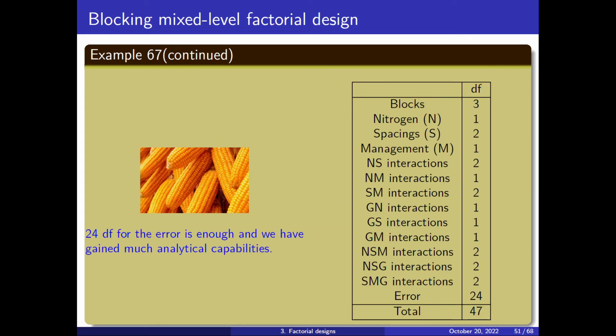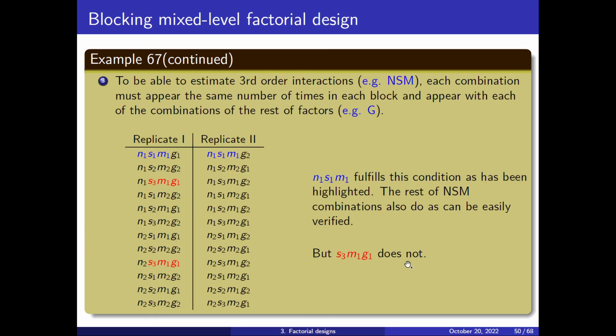So yeah, so now we have again our 48 or 47 degrees of freedom. Now we analyze which are the interactions that we will be able to estimate. So we will be able to estimate all these second order interactions, and we have said that SMG will be confounded.